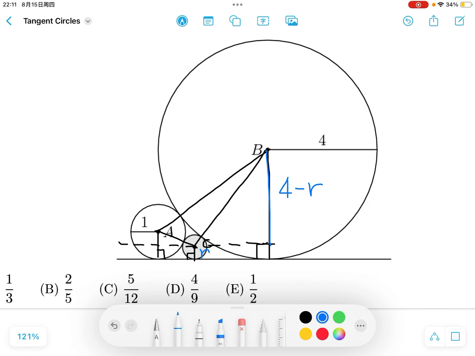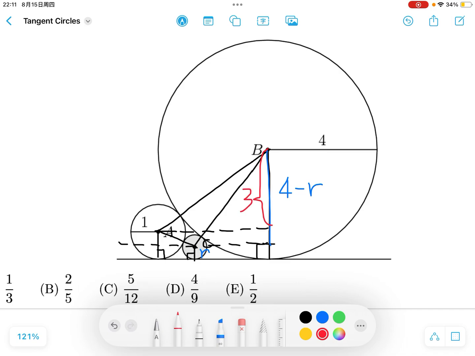Okay, and then basically, you can also do that with the center A. We know the radius of circle A already. That's just 1. So this part is going to be 3, because that's just 4 minus 1. So that's 3.